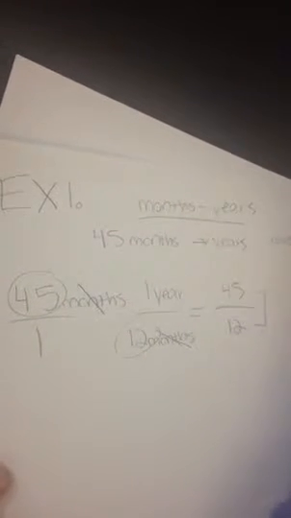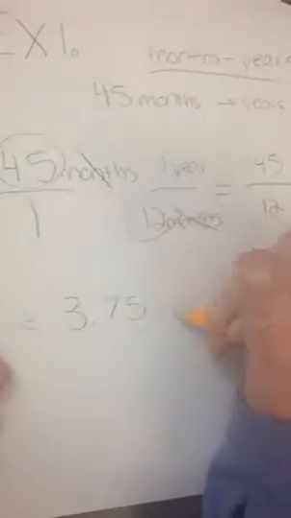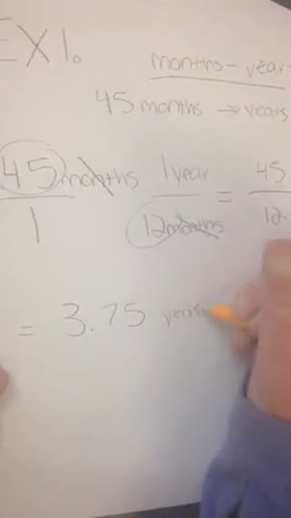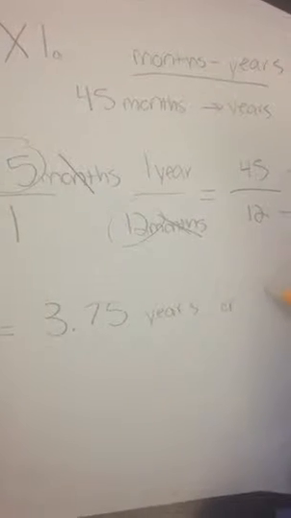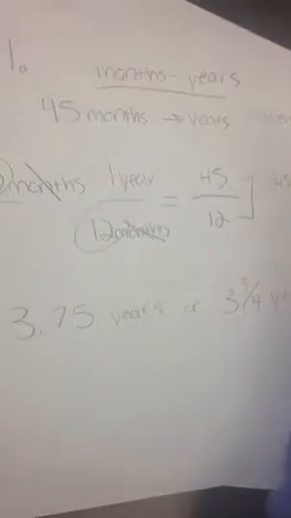And here now we just divide 45 by 12. And I have my calculator with me, but that is equal to 3.75 years, or 3 3/4 years. And that's our answer. Pretty easy.